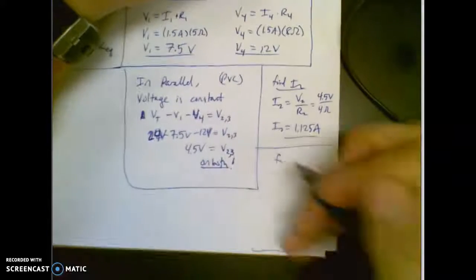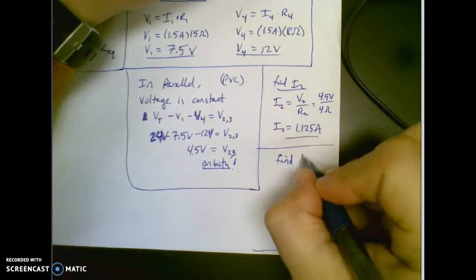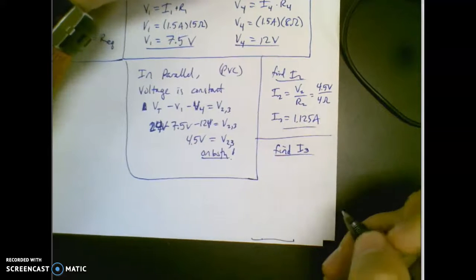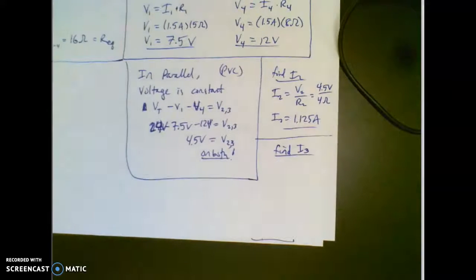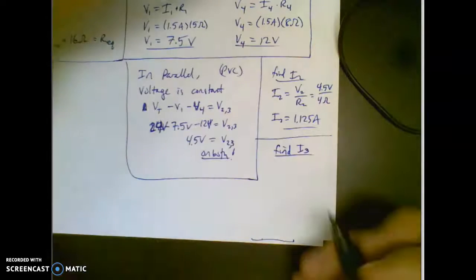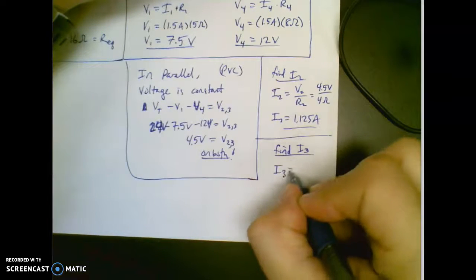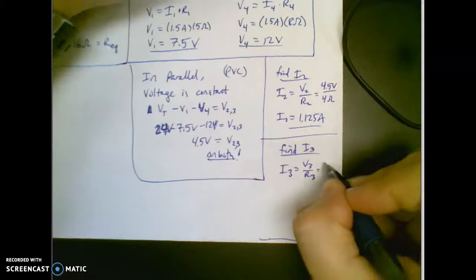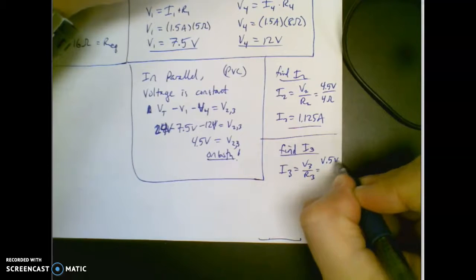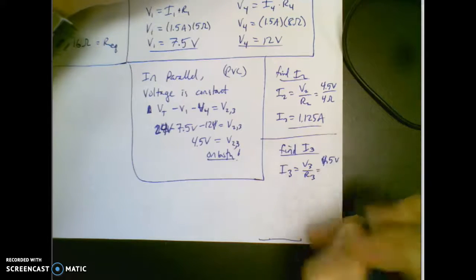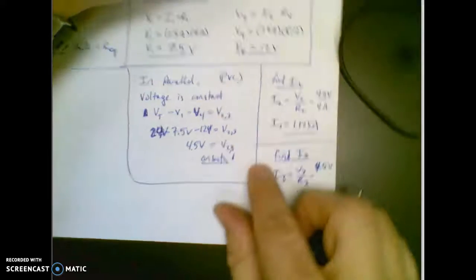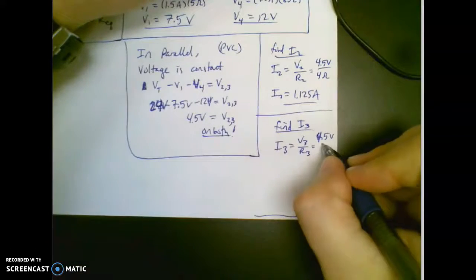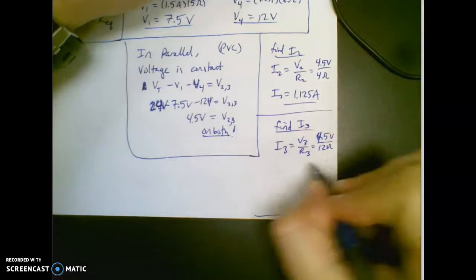So it's kind of like the problem leads you down the path. I didn't really decide what I was going to do first other than my total resistance and total current. And I kind of let the problem flow. All right, I3 equals V3 over R3, good old Ohm's law. Voltage is still 4.5 volts. And my resistor on there is 12 ohms.